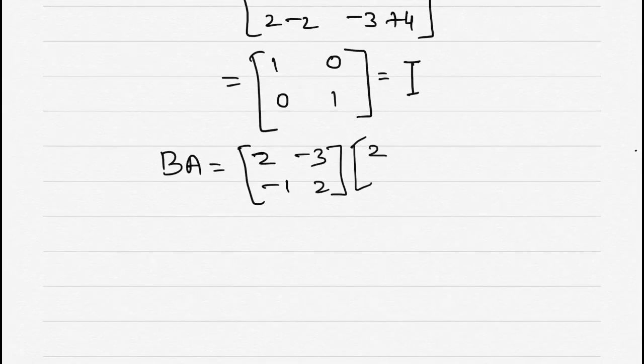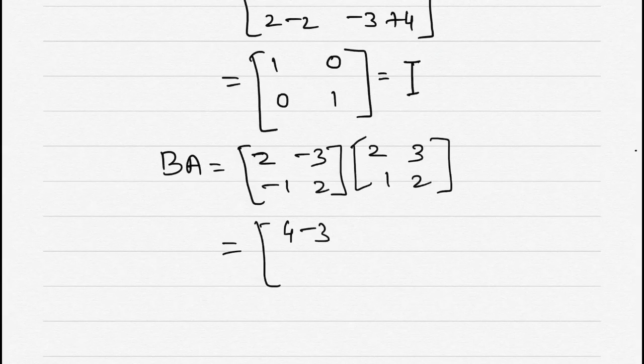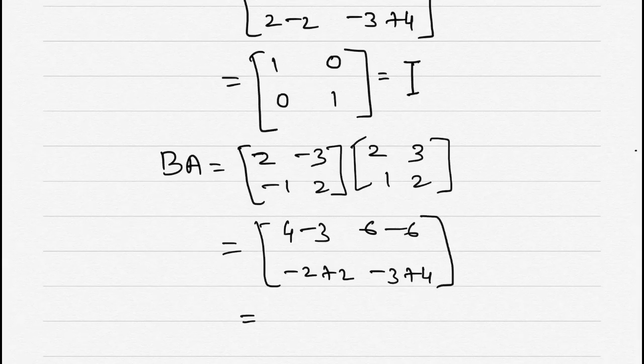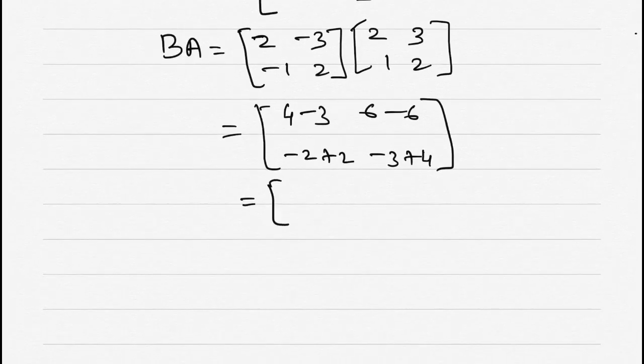Multiplying, we get 4 minus 3, 6 minus 6, minus 2 plus 2, minus 3 plus 4. We get 1, 0, 0, 1.